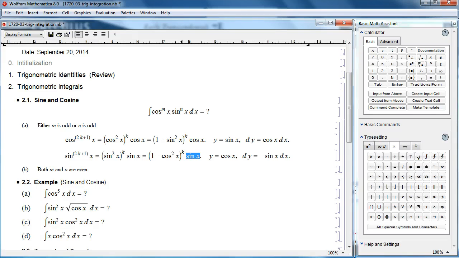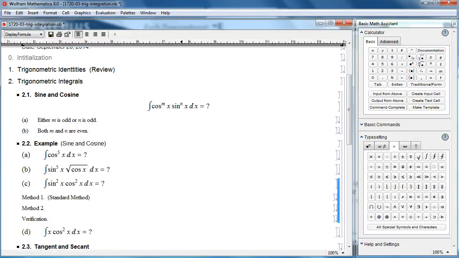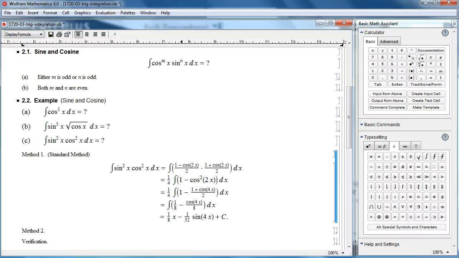These kinds of things do not appear. So what do we do? We use the power reduction formulae like this. Sine squared x is 1 minus cosine of 2x over 2. Cosine squared of x is 1 plus cosine of 2x over 2.